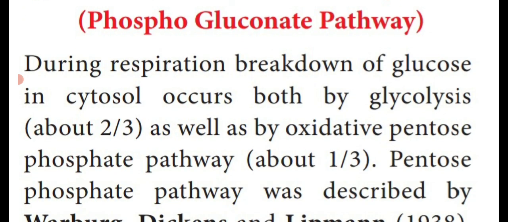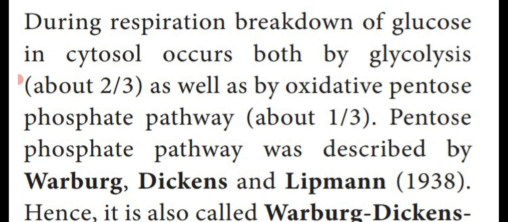During respiration, the breakdown of a 6-carbon molecule of glucose is converted into 2 molecules of pyruvic acid in the glycolysis process, which takes place in the cytoplasm or cytosol. Another pathway was observed by different scientists. It is an alternate route of glycolysis, known as the oxidative pentose phosphate pathway.